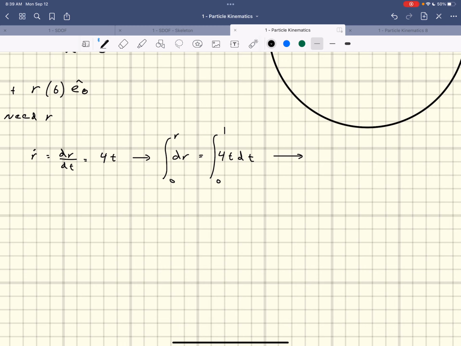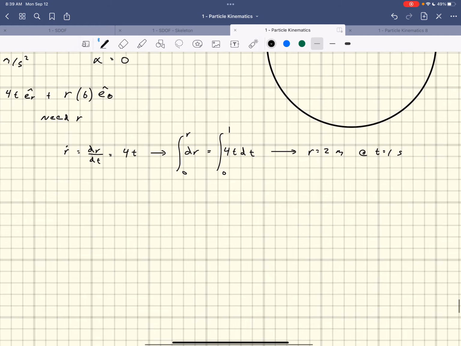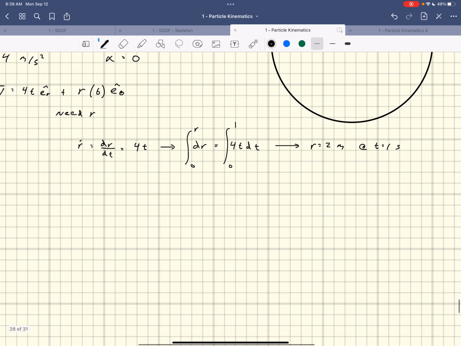And by doing that, if I carry out that integral, I get r is equal to 2 meters at t equal 1 second. So there's what my r is. Now I just put that back into the equation.